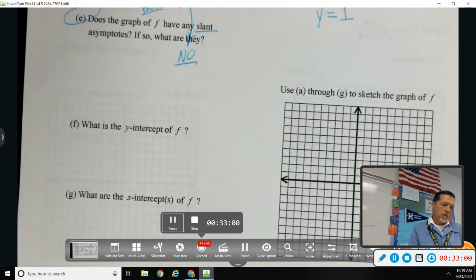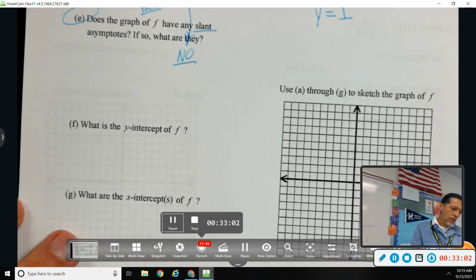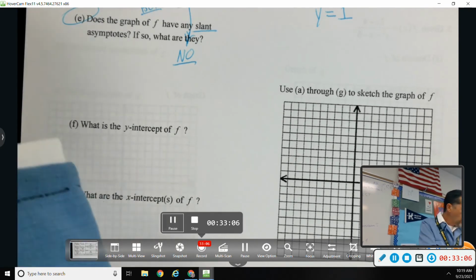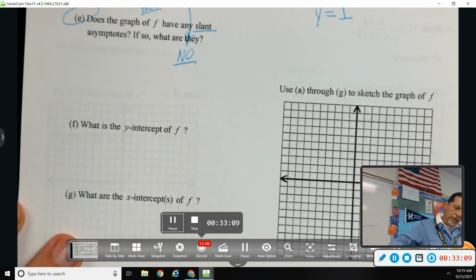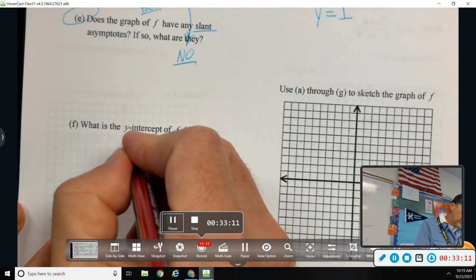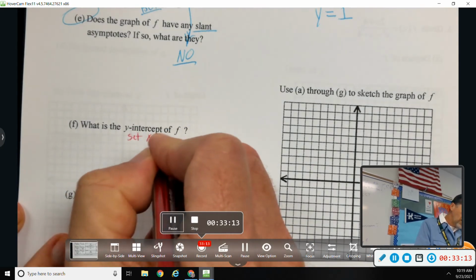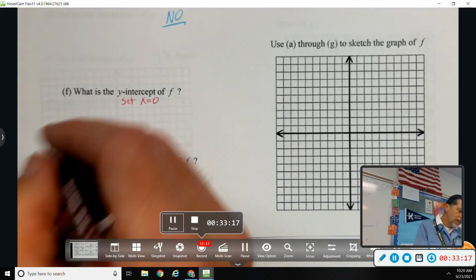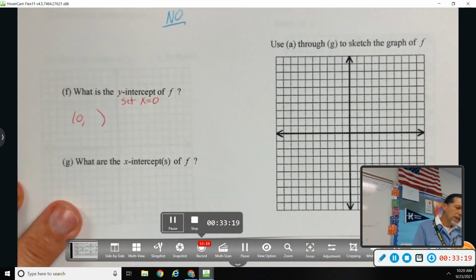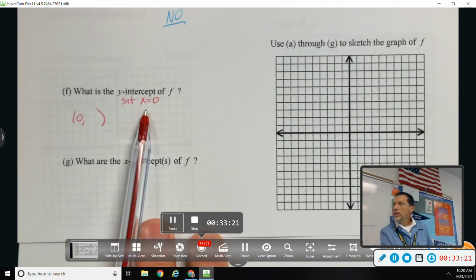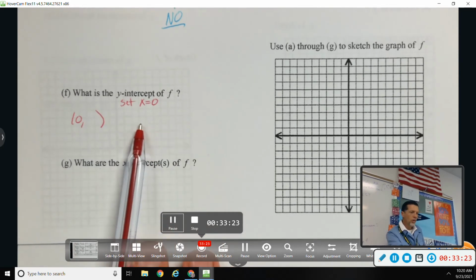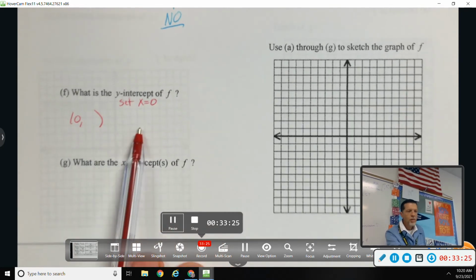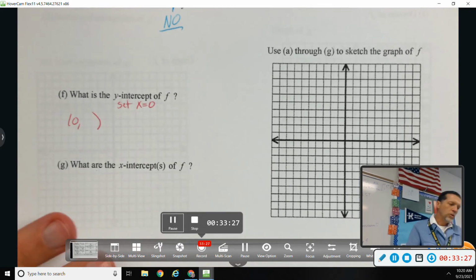Part F. What is the y-intercept of f? Well, y-intercept means set x equal to 0. Again, I'm doing abbreviated notes as we go here. So 0, comma. You can use either the original or the factored or the reduced, but you should always use the reduced probably because it's easier to deal with.